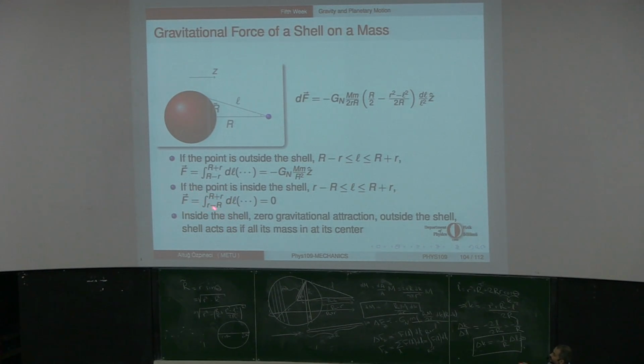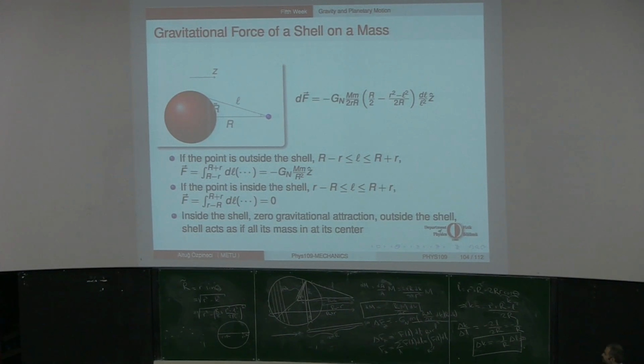These are the limits of your L. It turns out that if you take this integral, you will get 0. So we know that outside the sphere, it just acts like a point source. If you are inside the sphere, you will feel no gravitational attraction.